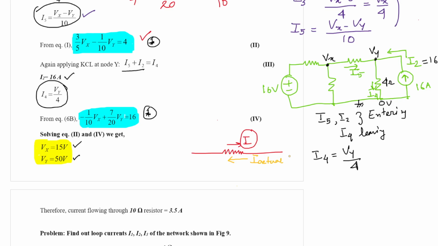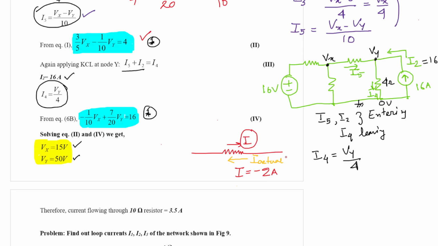So the immediate question is, will the solution be wrong? The answer is no. If your assumption does not match the actual current direction, then you will get something like I is equal to minus 2 ampere.